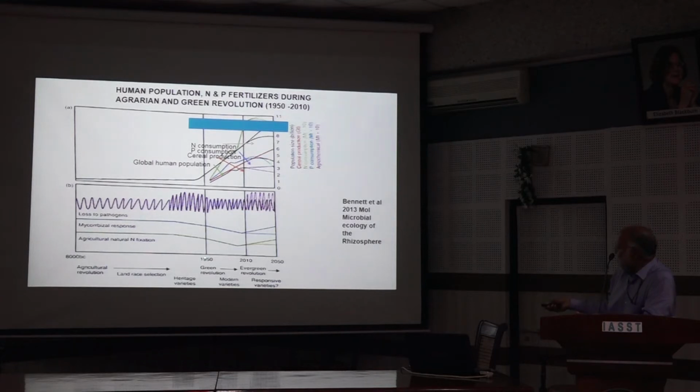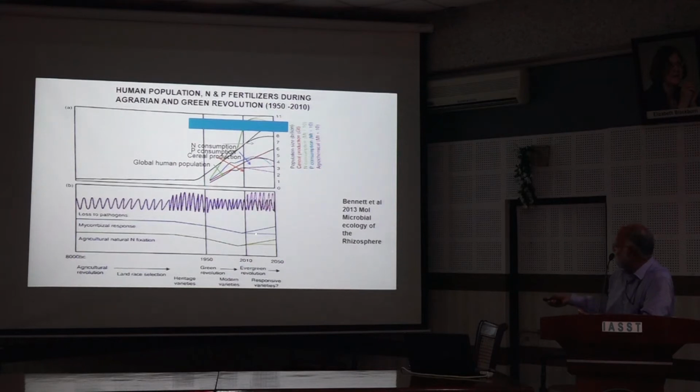Come 1950, human population started increasing, our nitrogen consumption went up, and nitrogen, phosphorus, and even pesticide use increased. As a result, we brought more insect attack, more loss due to insects and pests, right? And then the contribution of the natural agents has declined. So overall productivity of soil has gone down.